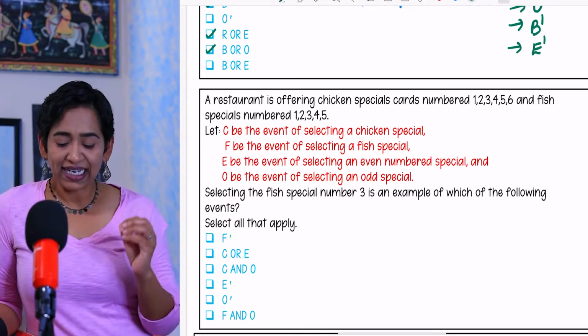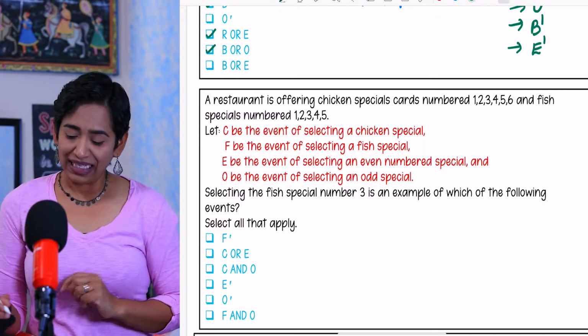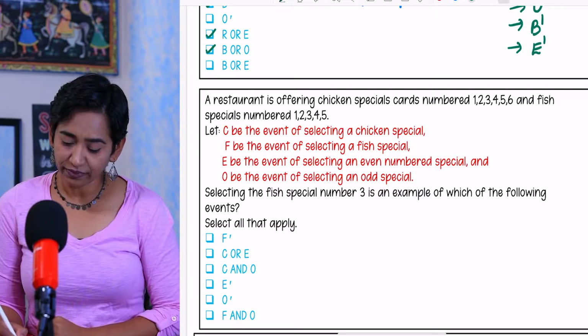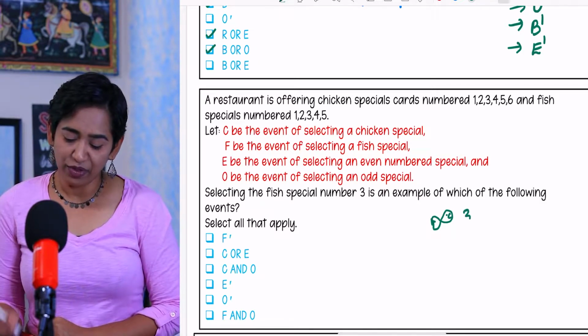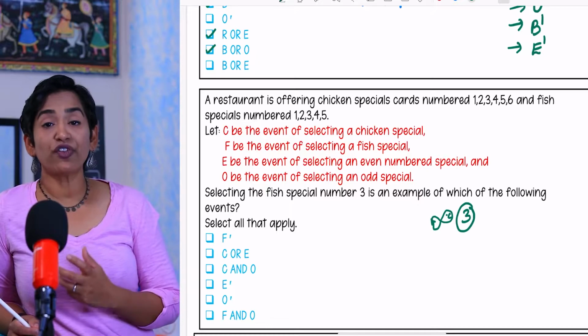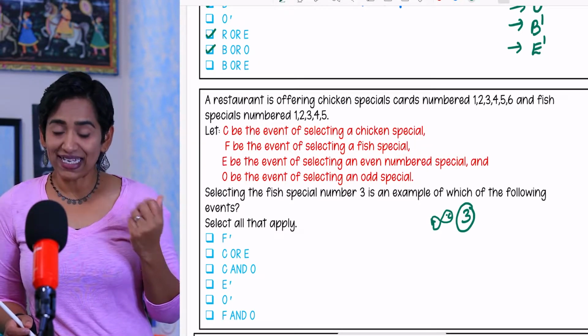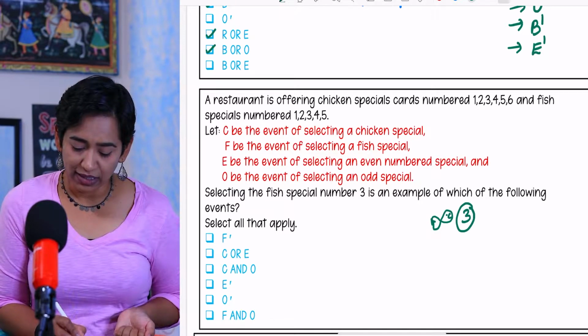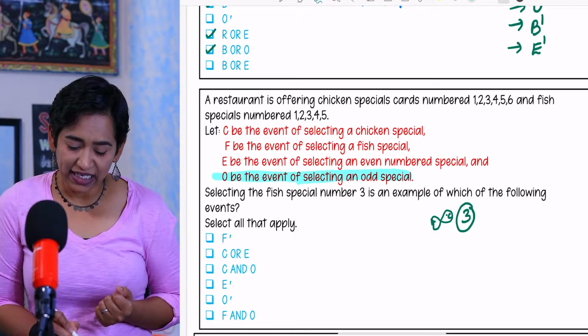Now, selecting a fish special number 3. How do I do this? So I'm selecting a fish. Let me see if I can draw a fish. That's a fish. And number 3, right? So which of the following does it apply? So number 3 is definitely odd. So it's definitely going to satisfy odd, right? And number 3 is selecting a fish.